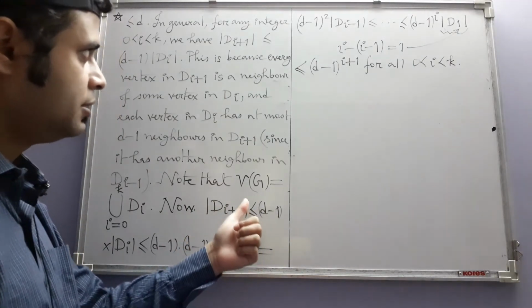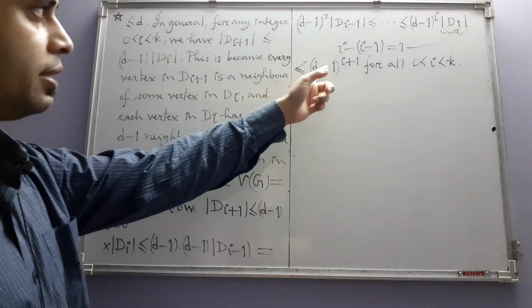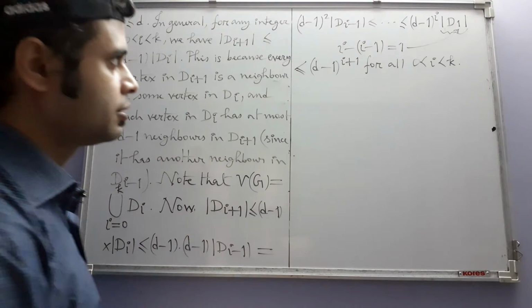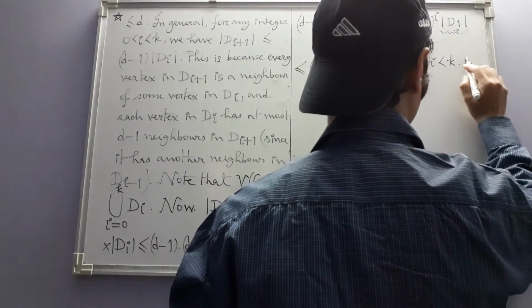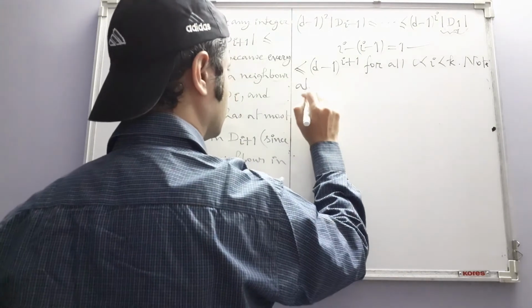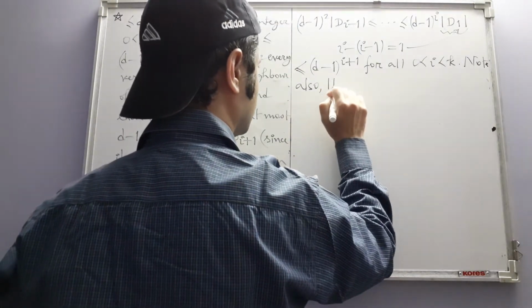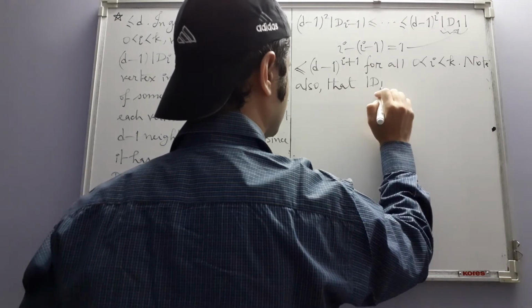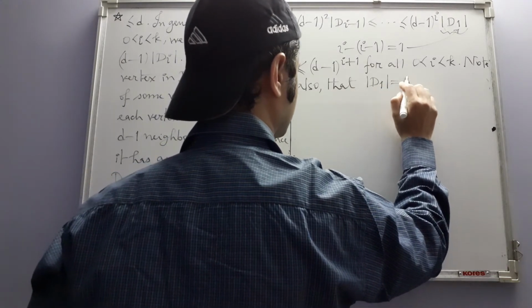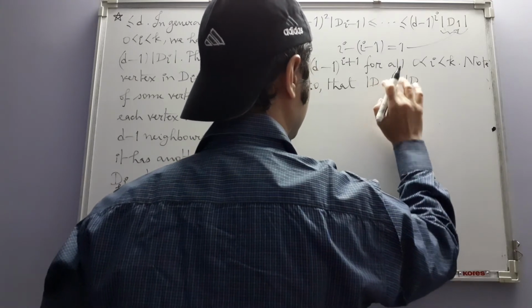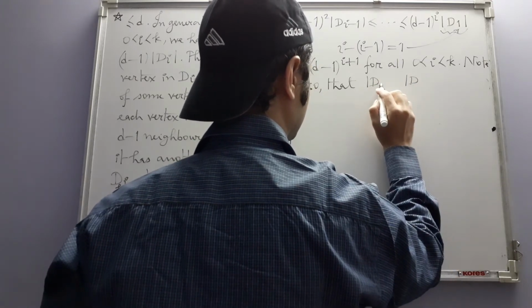The number of elements in D1 is less than or equal to d minus 1 to the power 1. So let us just write that. Note also that, or in fact we should write the other way around.